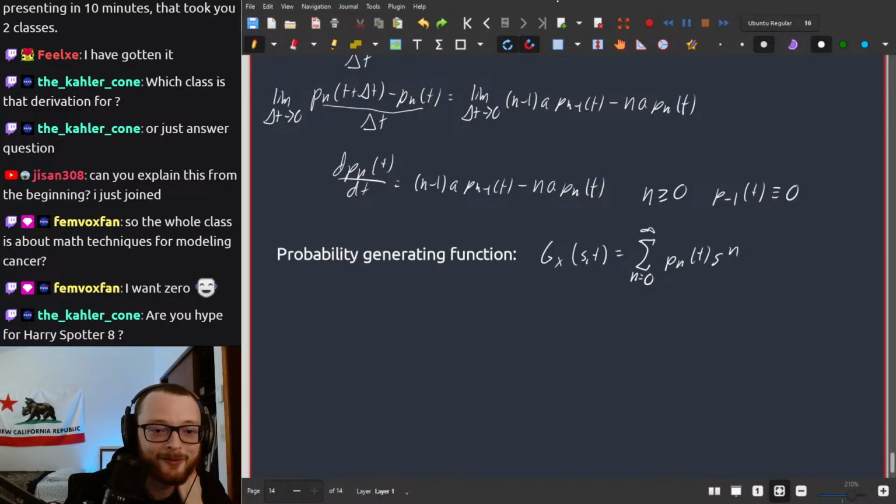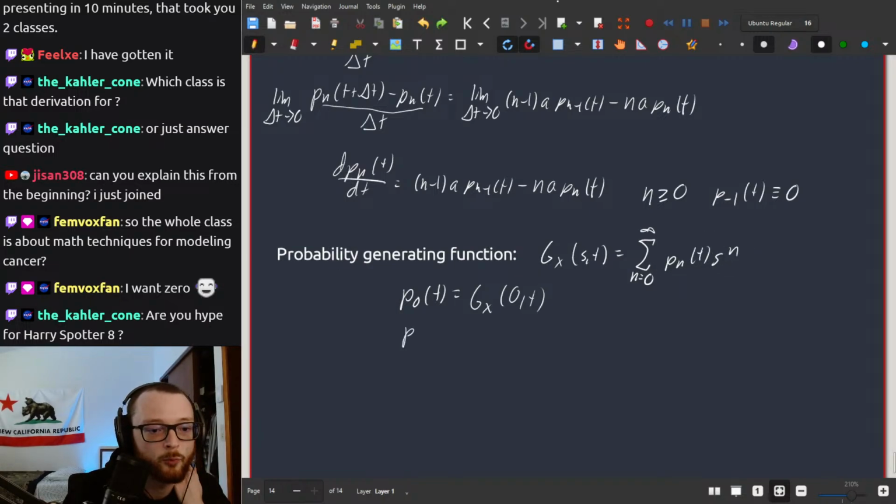You can do that. The easiest one to get is p sub 0. That's going to be g sub x of 0 comma t, because you just plug in 0 for all these s's, and the only one that survives is p sub 0. If you want p sub 1, you take a partial derivative with respect to s, and then you plug in 0.